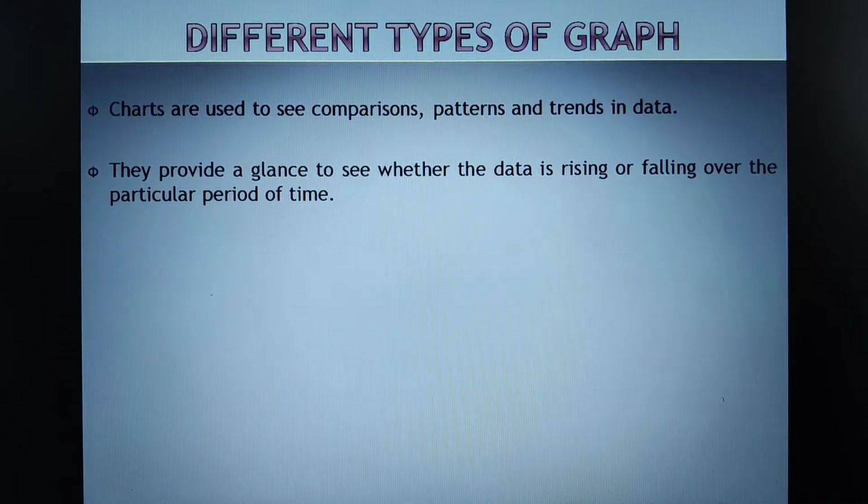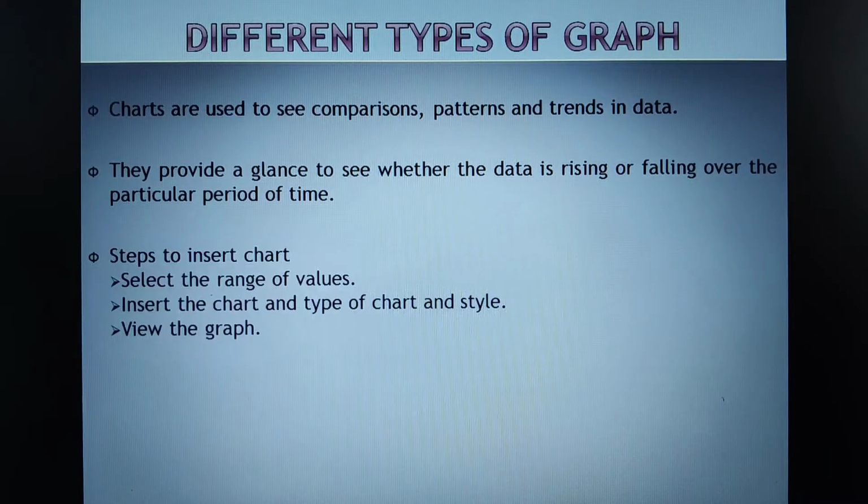Now depending upon the situation, we have different kinds of charts like column chart, bar chart, XY scatter, pie chart, doughnut chart. We have different forms of charts. Now what are the steps to insert a chart into your Excel file? The steps to insert a chart are to select your range of values, insert the chart, and then type the chart, x-axis, y-axis, and choose the appropriate layout for the chart.